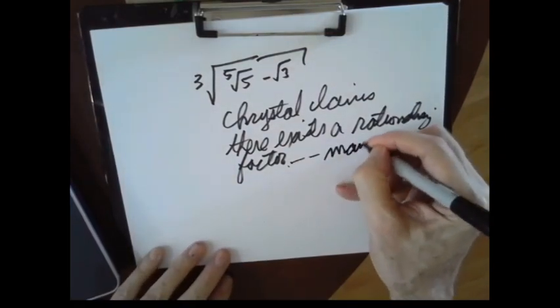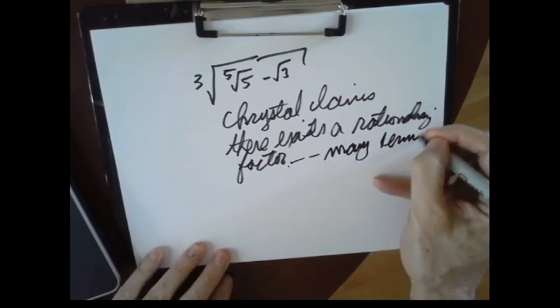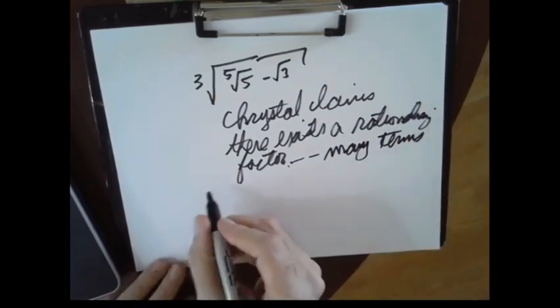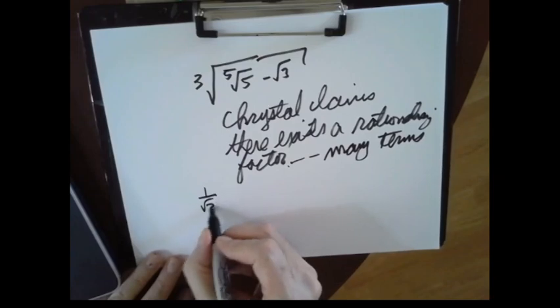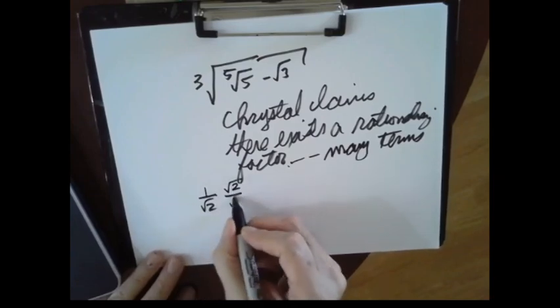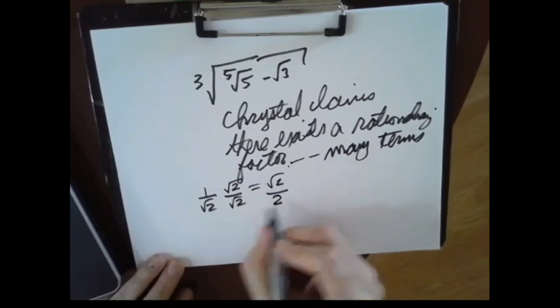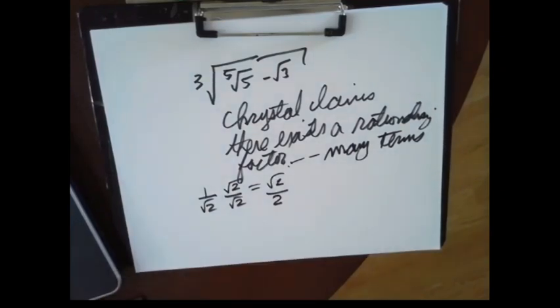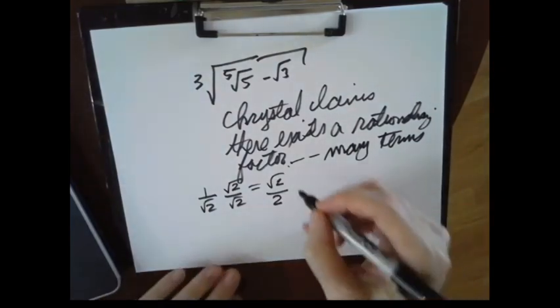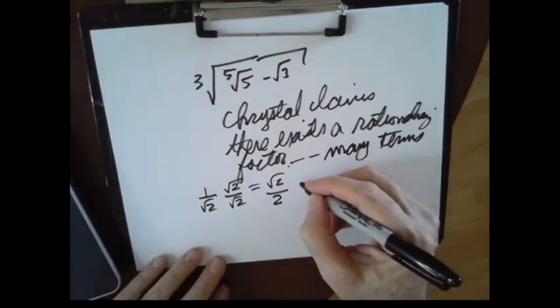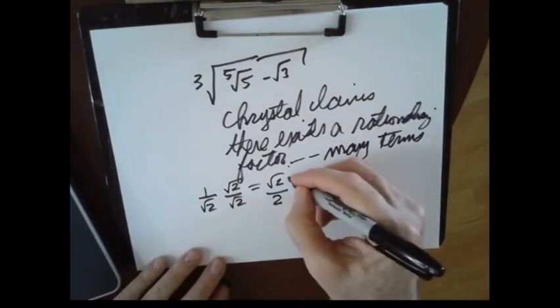Many terms. So if you had 1 over the square root of 2, the rationalizing factor to simplify this is the square root of 2 over the square root of 2. That's where you see this in complex or college algebra.